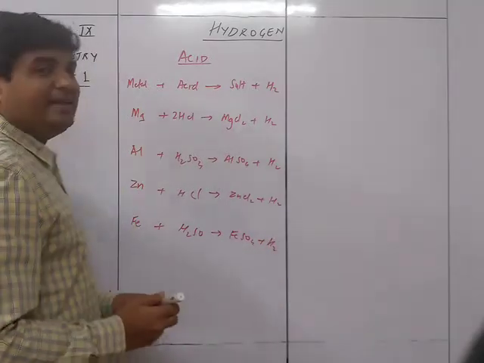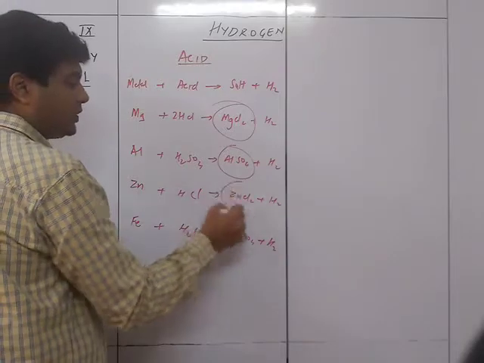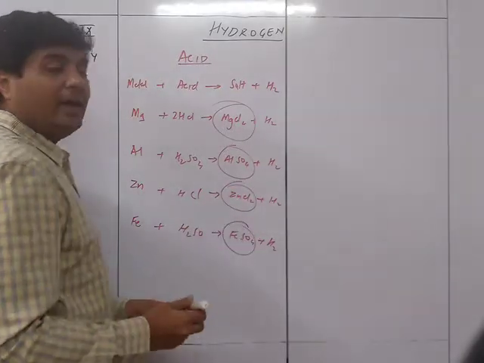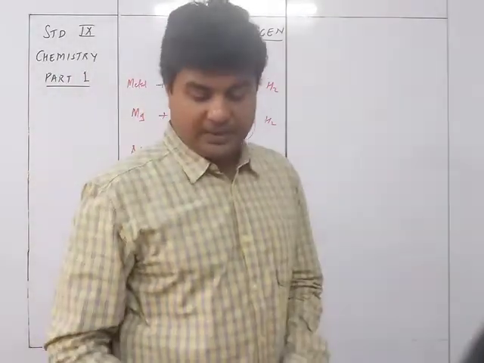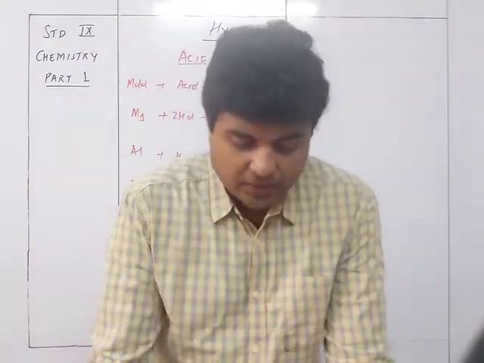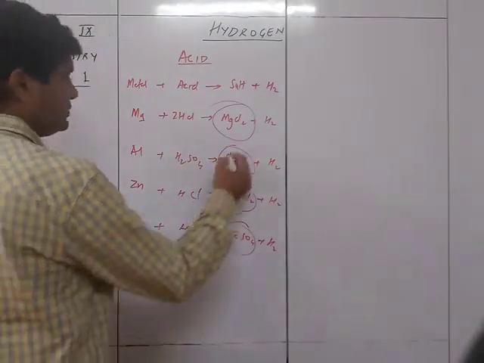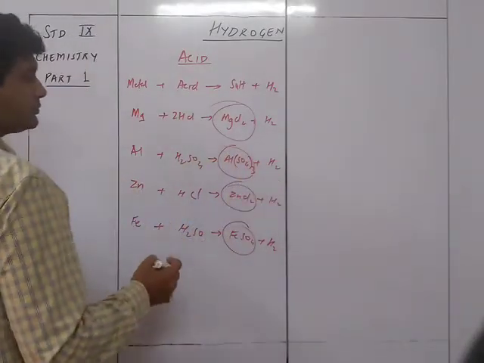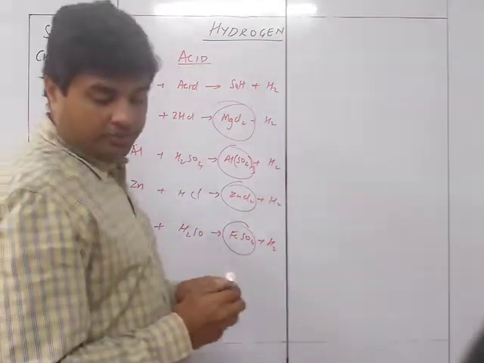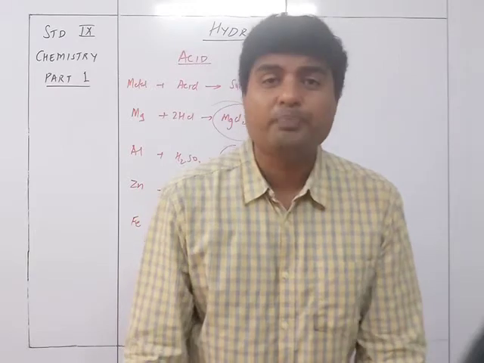So you can see that in each case, you got a chloride salt or a sulfate salt, and hydrogen gas was being released. So you can have this very easily, that whether it is Al2(SO4)3, thrice, sorry. Yeah. So this is how you are going to get the hydrogen release from acid.